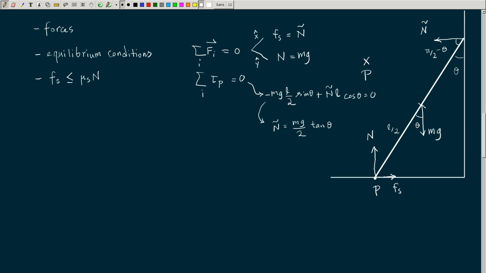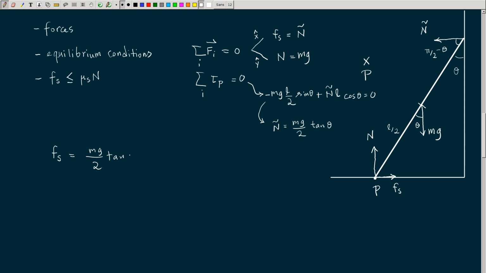And you know that this n twiddle equals Fs. So because we want to find Fs at the end of the day in terms of this mg, which is n, Fs, we found that it's equal to mg over 2 tangent theta.